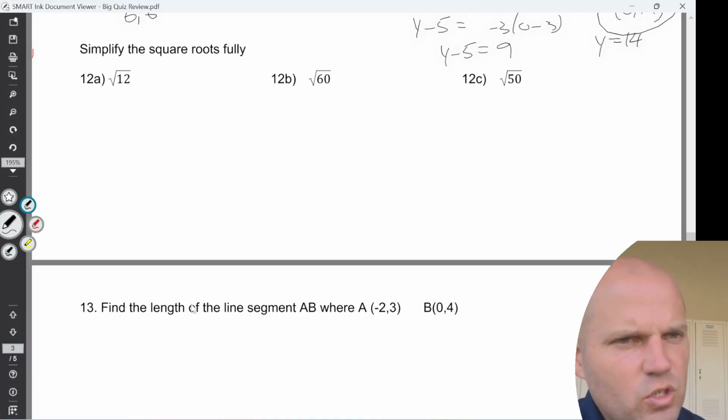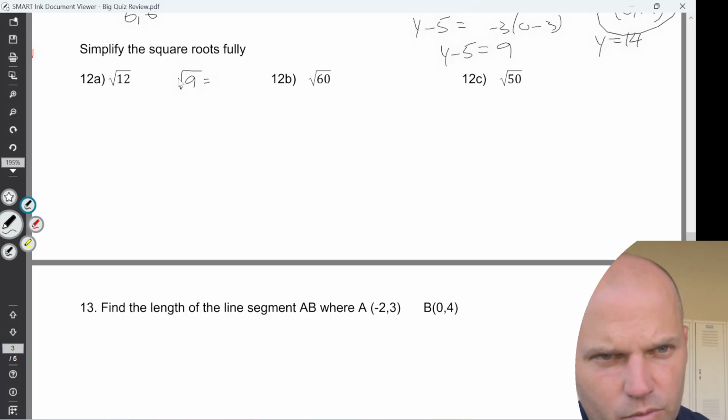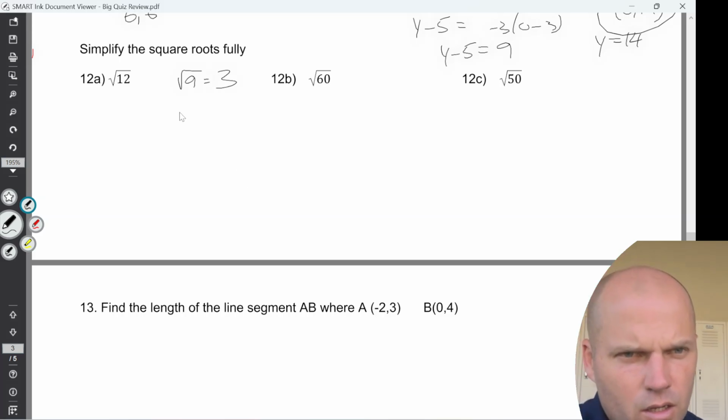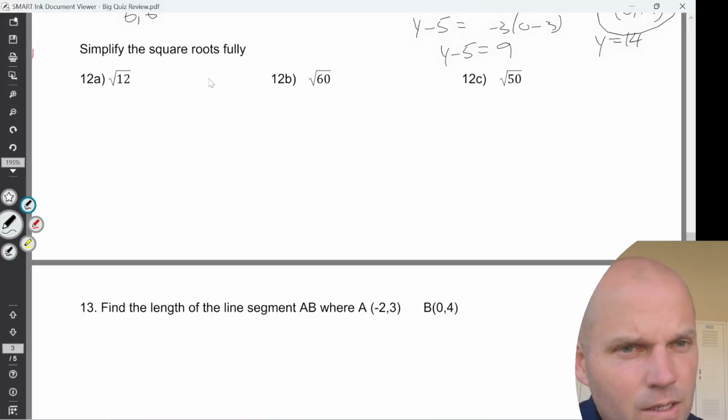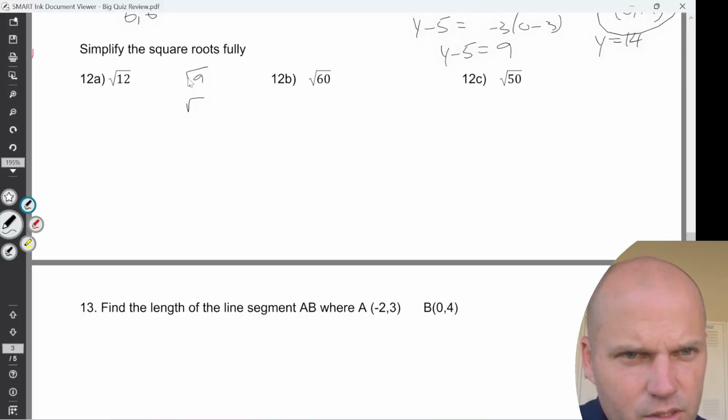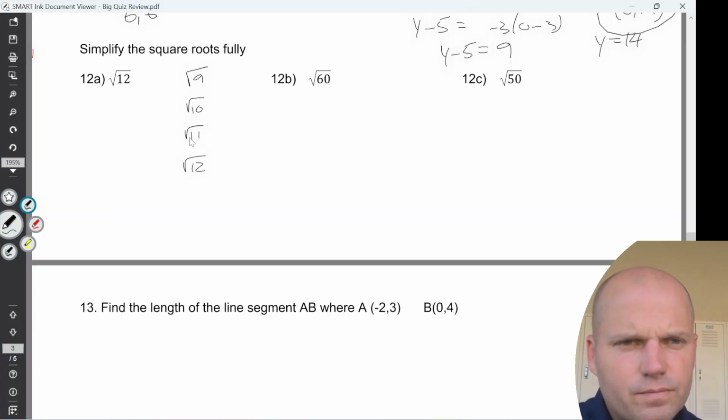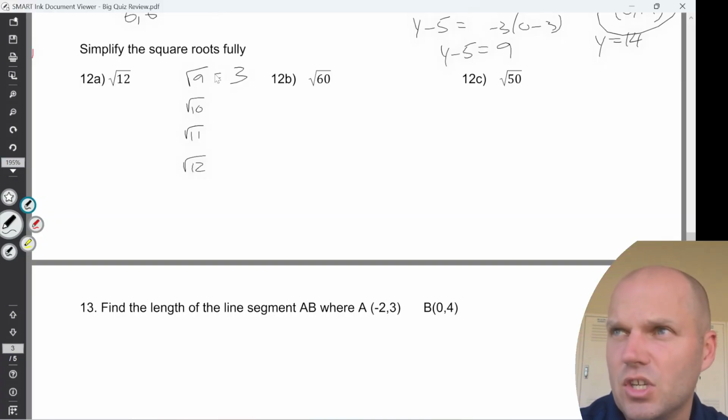When we simplify the square roots, we try to understand that some square roots simplify to be just easy numbers.